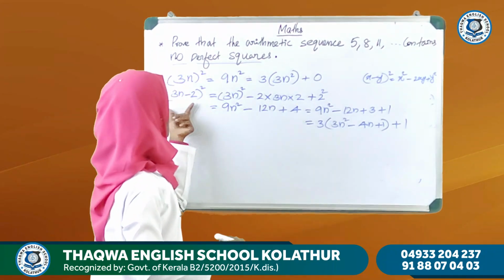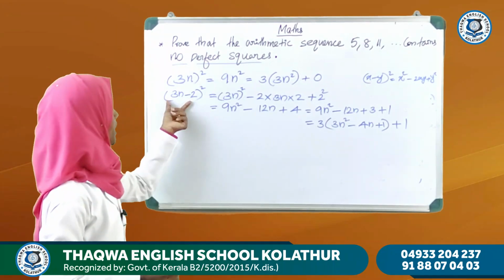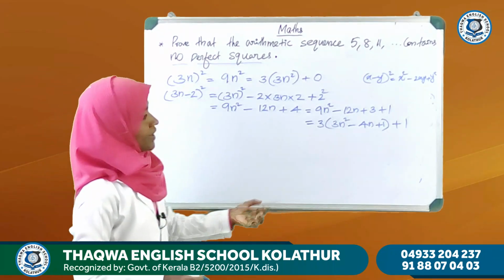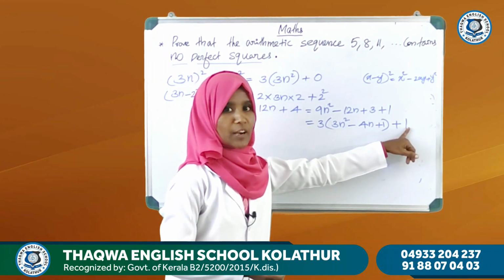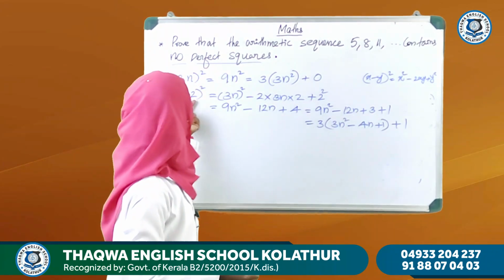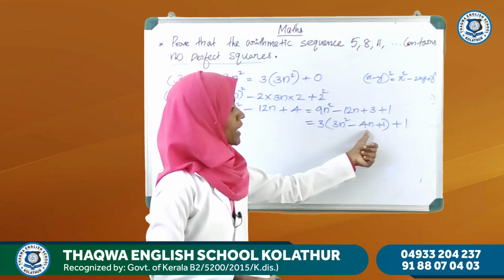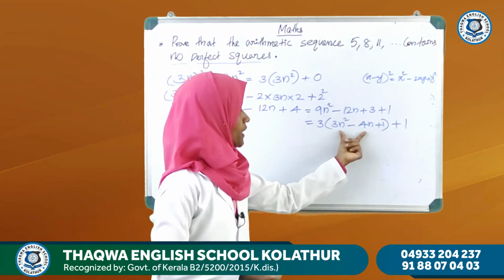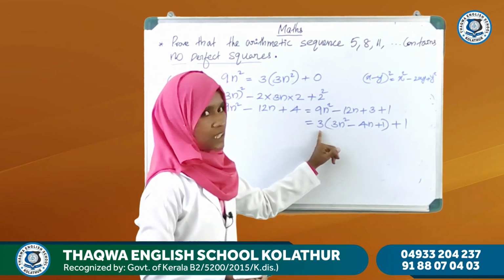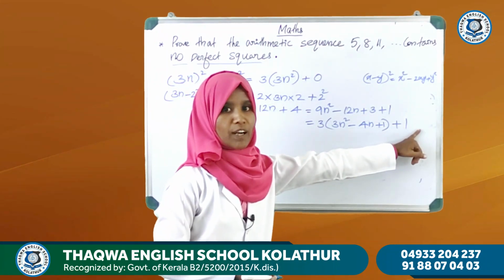So we can say that 3n minus 2 whole square is a multiple of 3 plus 1. Can you understand? If we divide this number by 3, the remainder is 1.